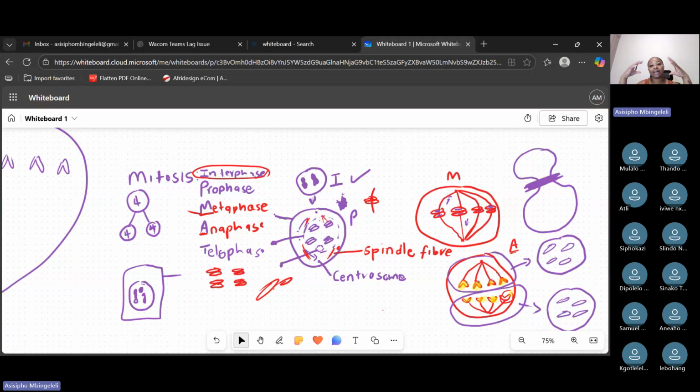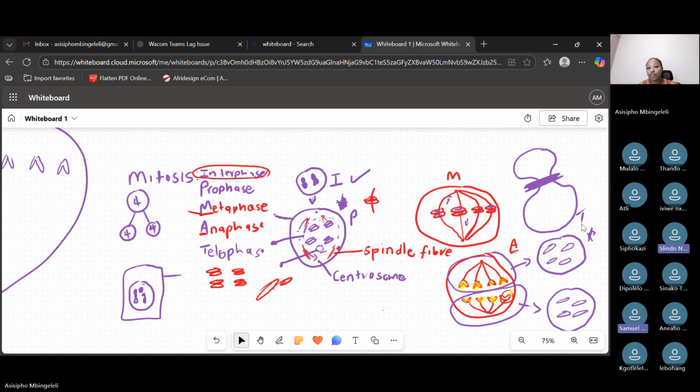We call it a parent cell because that's the one that is going to divide. Okay, we're not moving up until I get an answer. 4 chromosomes. 4. Thank you. Yes. How many cells did we end up with in telophase? How many cells? 2. 2 cells. How many chromosomes can we see in each cell?